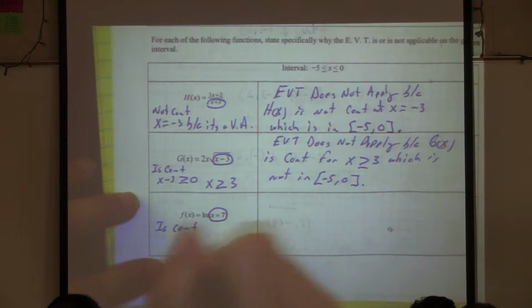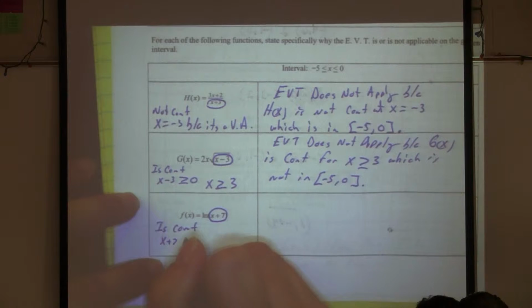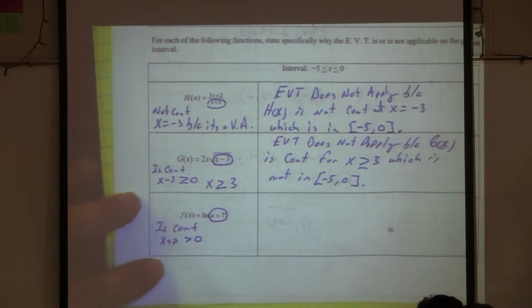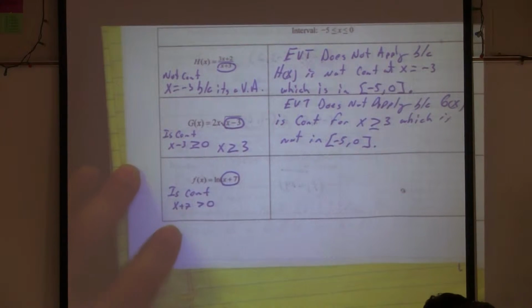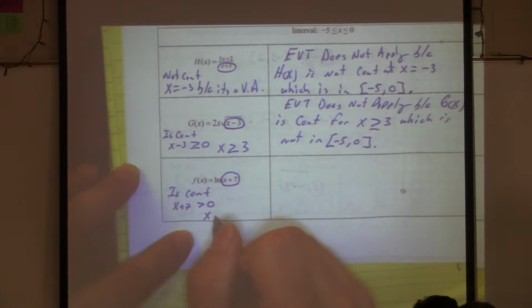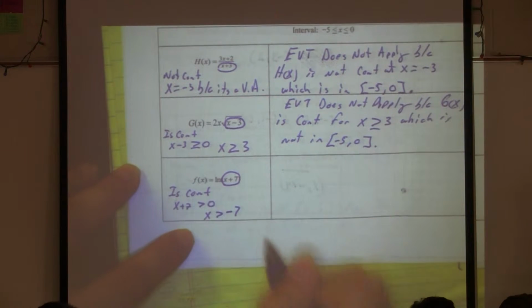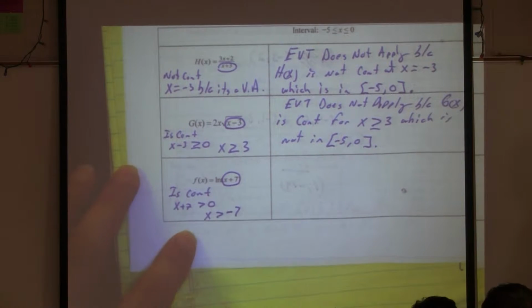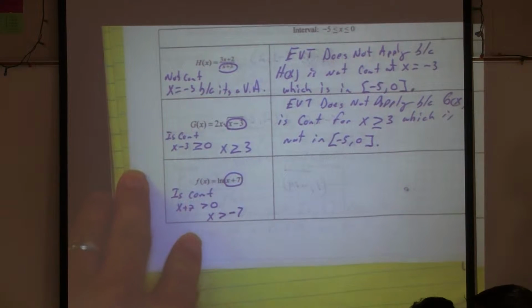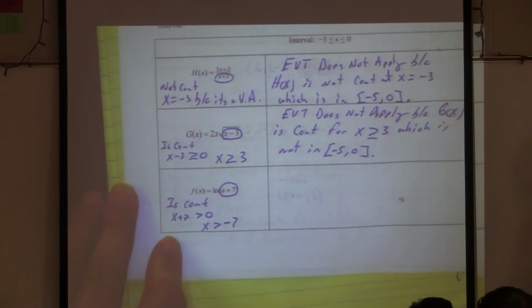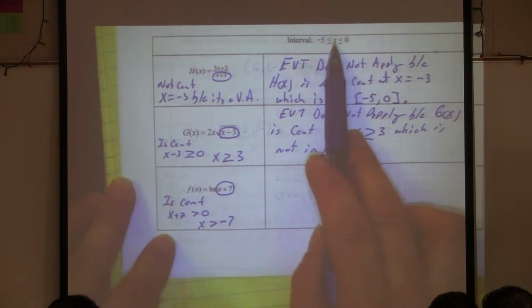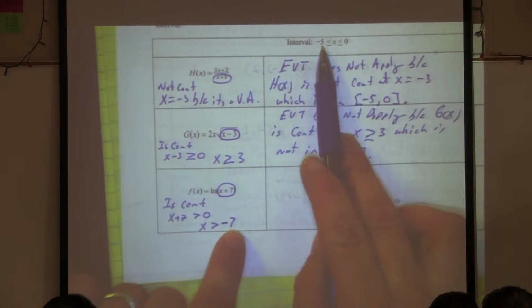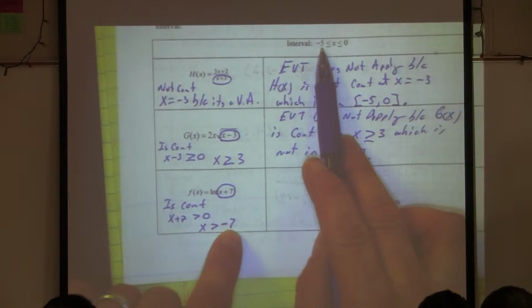wherever this inside, x plus 7, is greater than what? Okay. So that would be when x is greater than what? Negative 7. So check the interval, Alejandra. Are these values here greater than negative 7? Negative 5 is more than negative 7? You sure?